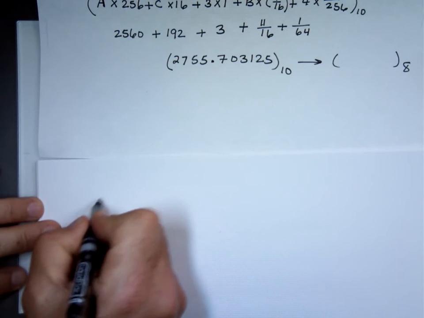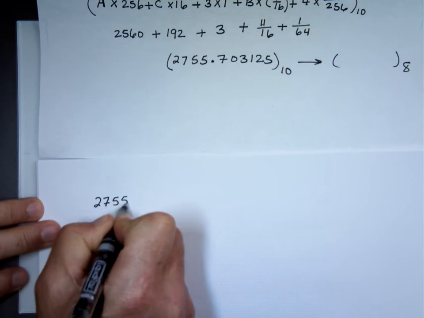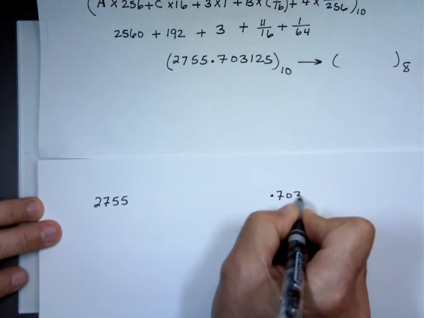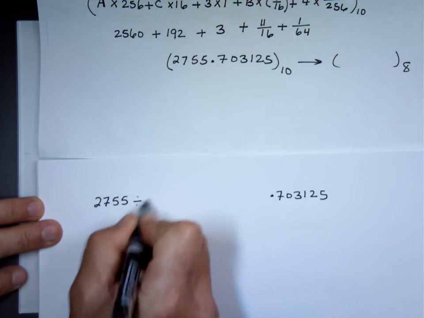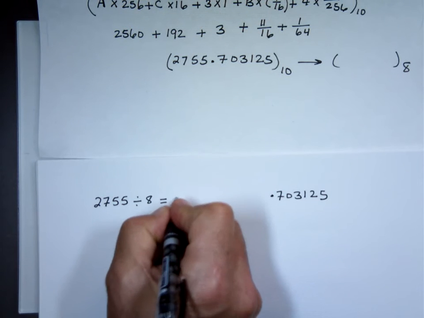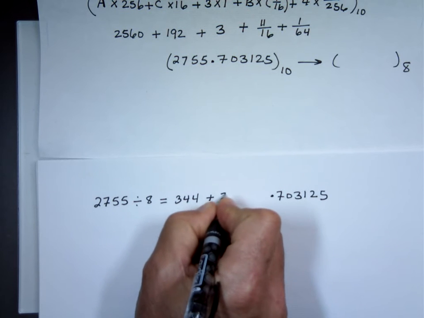So to do that, we're going to separate the numbers. We'll take the whole number and the decimal portion. Divided by 8. 2755 divided by 8, 344, and a remainder of 3, I think.